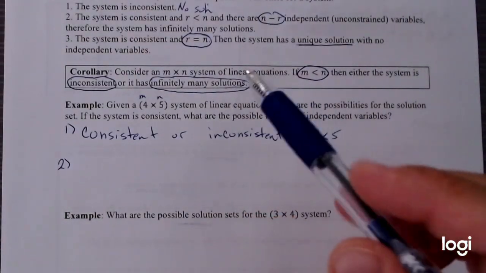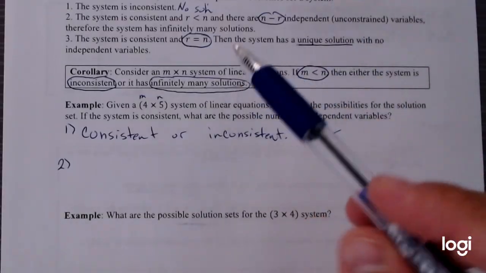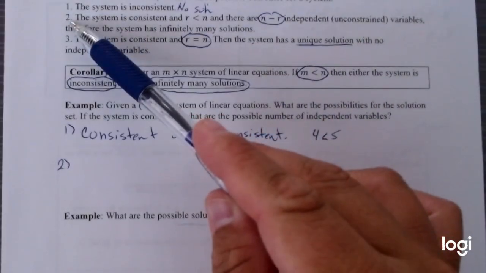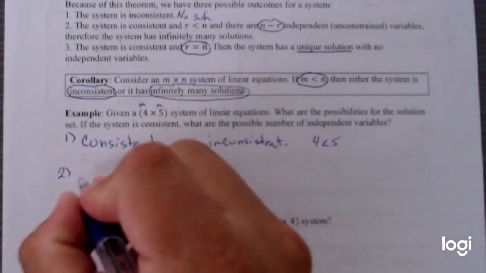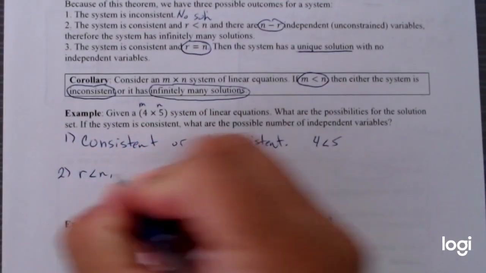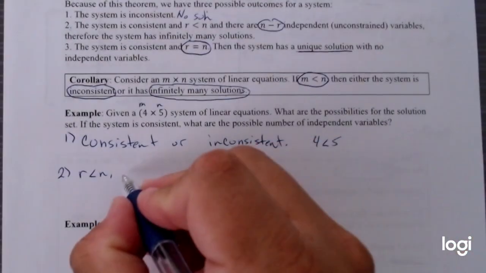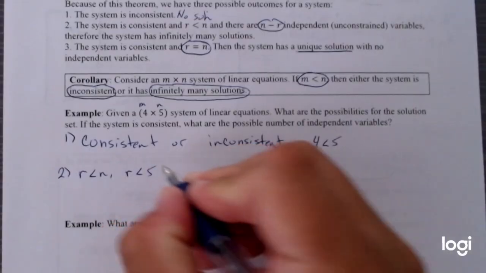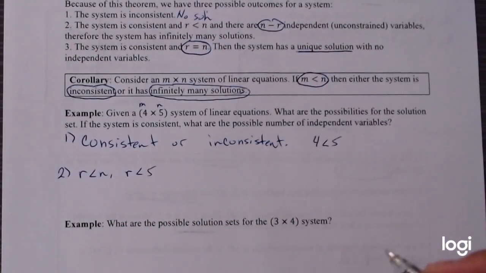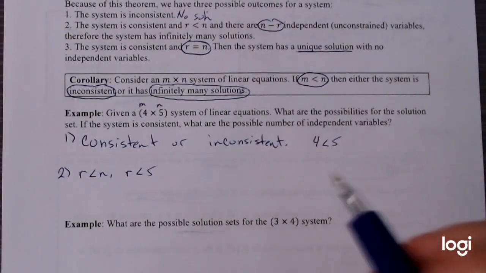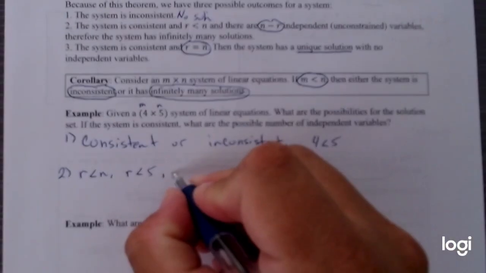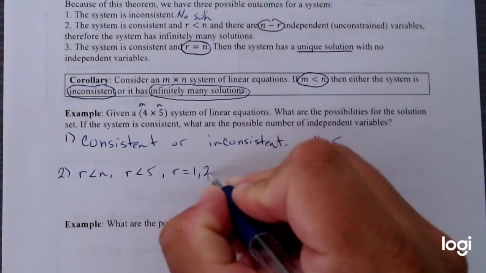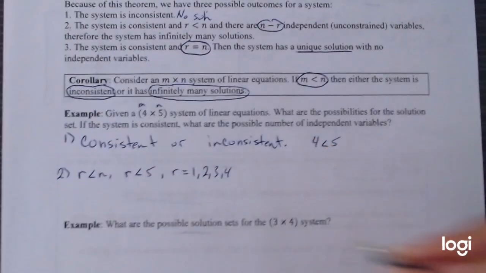Now remember, this means we have infinitely many solutions. So we're now in this 2 right here. So therefore r is less than n. And in this case, n is 5, so we know r is less than 5. I don't know what r is, but I do know it has to be less than 5, right? So what can we have? So r could be 1, 2, 3, or 4.